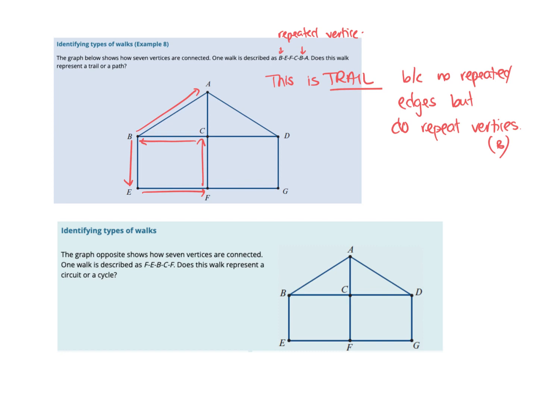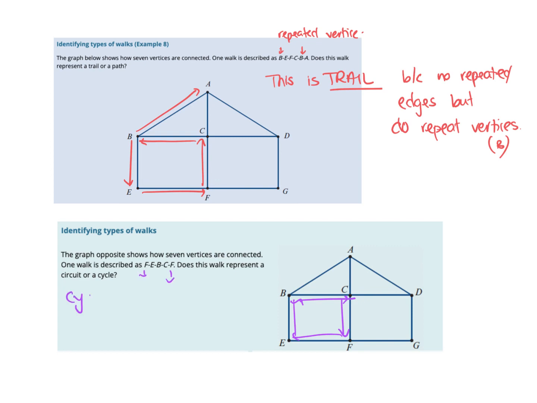So we've got another one. Identify the walk here. We started at F and we went to E. We went up to B. We went to C. And then we went back to F. What would that one be? I would say this one's a cycle. We've started and ended and have no more repeated vertices.